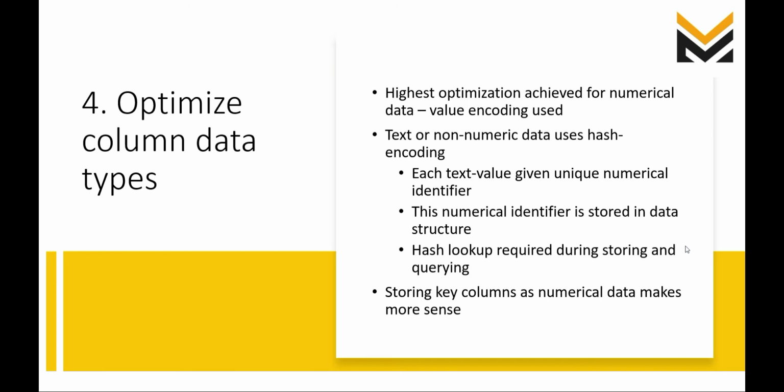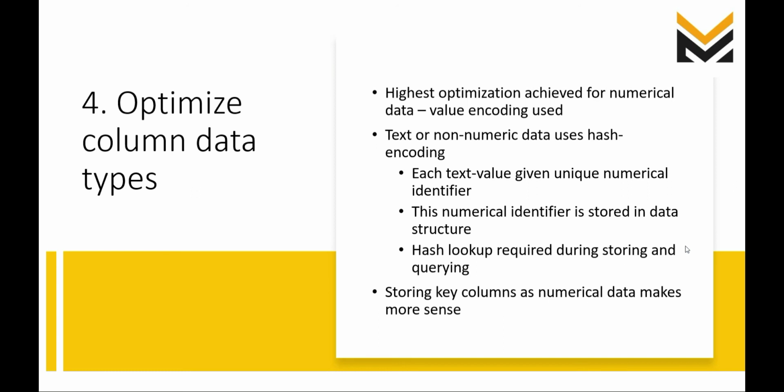Each text value is given a unique numerical identifier. This numerical identifier is stored in the data structure, and then a hash lookup is applied during storing and querying. So it's like a two or three step process, and obviously it's going to be slow and take a lot of time. So it is going to be a tedious process.